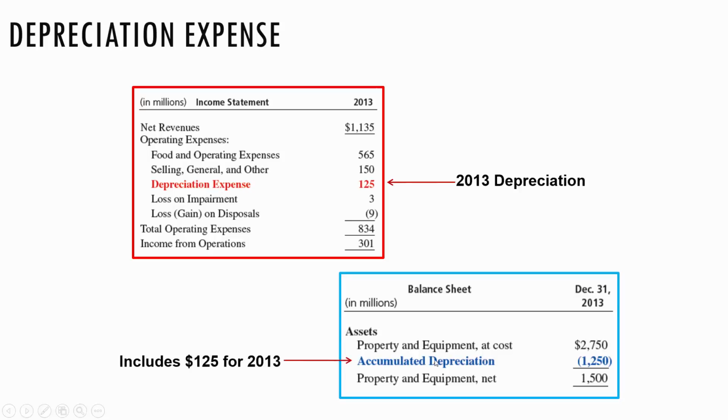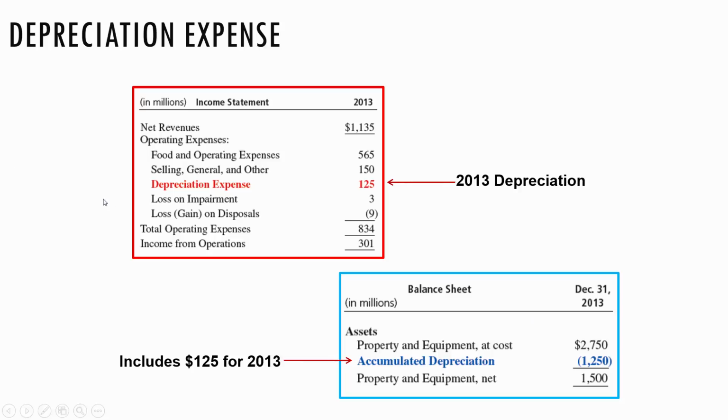When we show it on our balance sheet, we are going to show it as a contra. So since property, plant, and equipment is a debit balance, accumulated depreciation would have a credit balance. It is subtracted because it's the contra account that's associated with property, plant, and equipment. And this value also is a balance sheet value that accumulates.